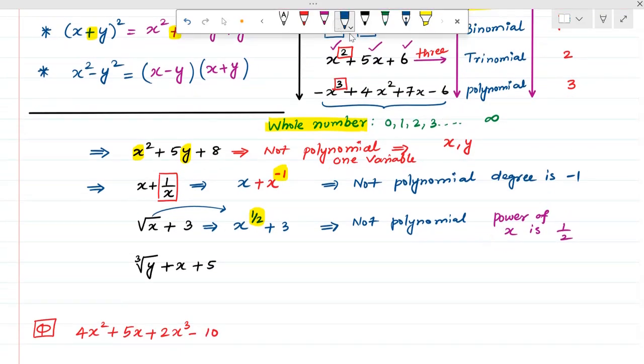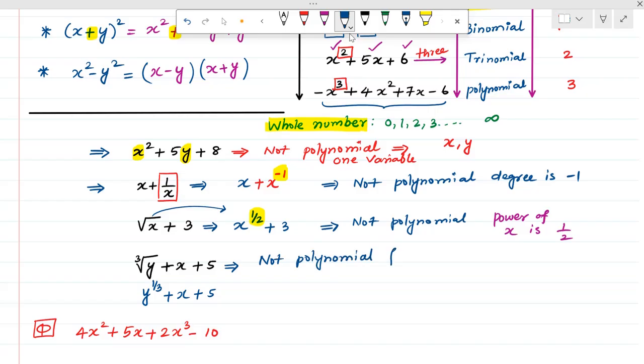So let us go with the next one. What is this one here? This one is actually x y to the power 1 over 3, if you cancel the root, plus x plus 5. So it is not a polynomial. There are two reasons. What are the two reasons?